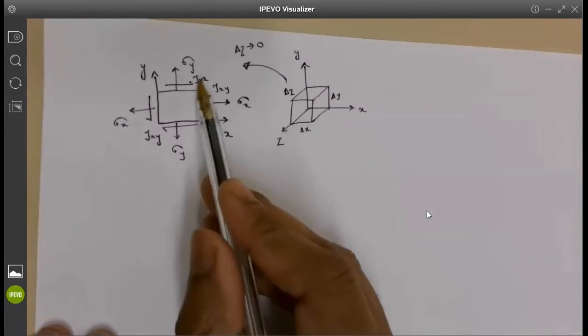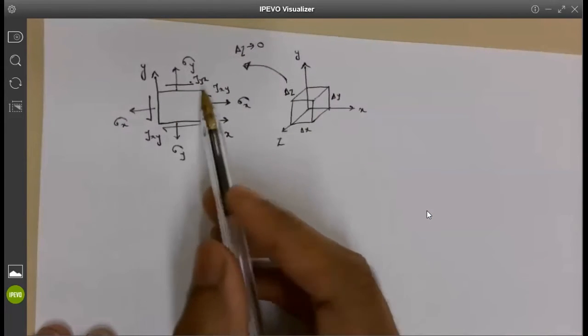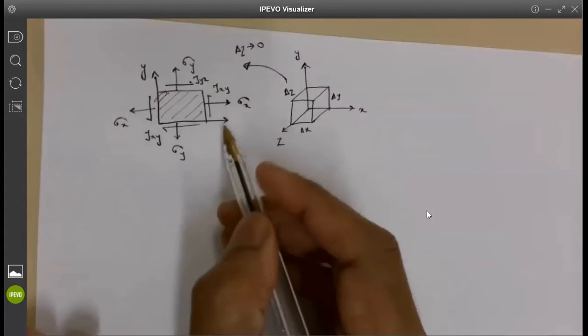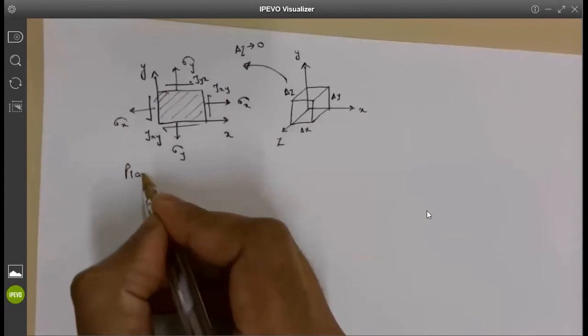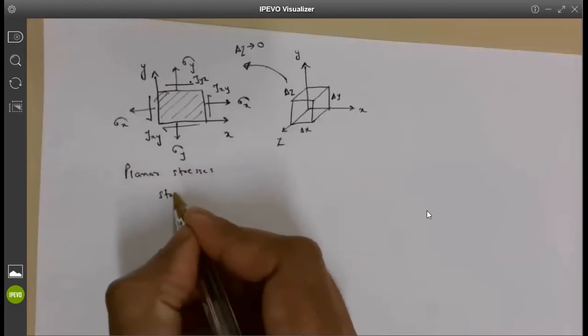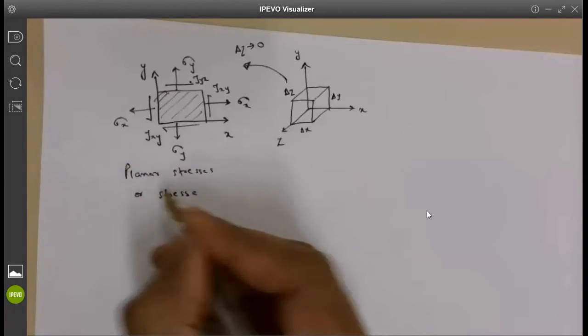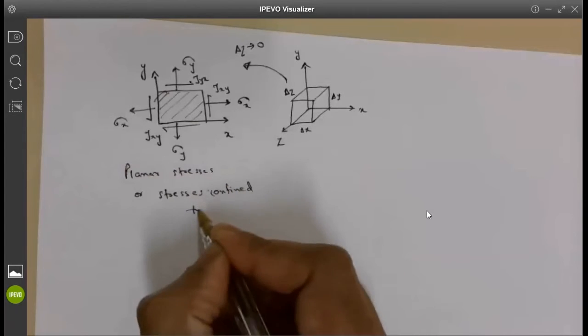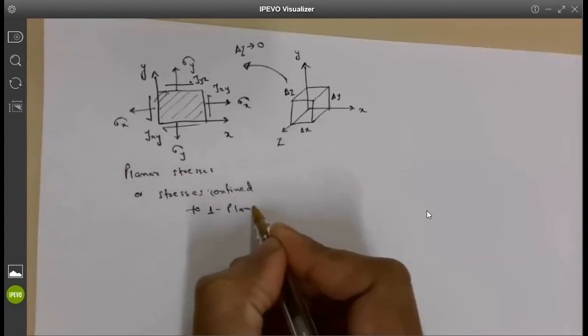If delta Z goes to 0, it basically becomes this. This is what we call planar stresses. Stresses are confined to one plane. Any questions so far, guys?